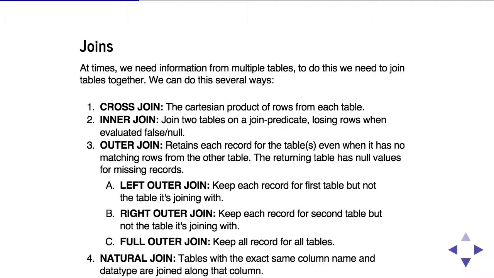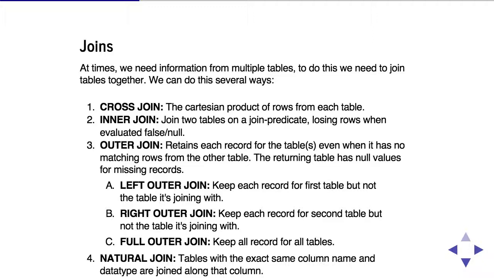However, outer join joins it up when that condition is true or null. So the first, inner join, only joins it up where that condition is true.